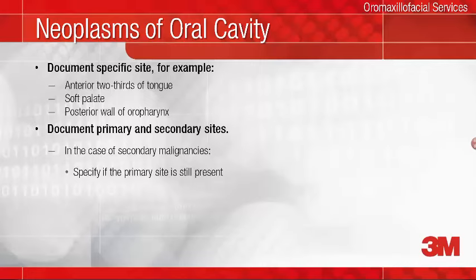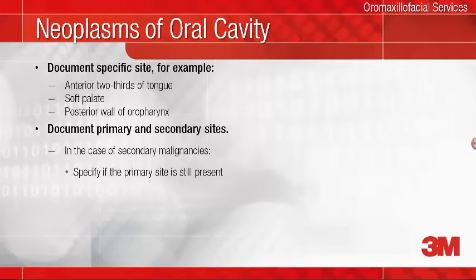Often, primary or secondary is not specified, and in the case of secondary malignancies, whether the primary site is still present. A statement of history of can be ambiguous and may prompt a query. For example, appropriate documentation of a malignancy would be patient with history of cancer of the anterior 2/3 of the tongue.